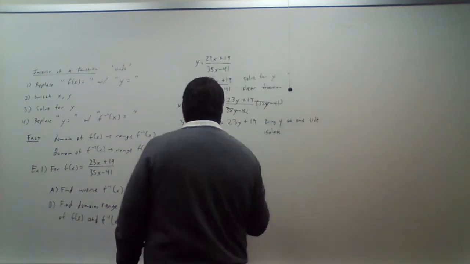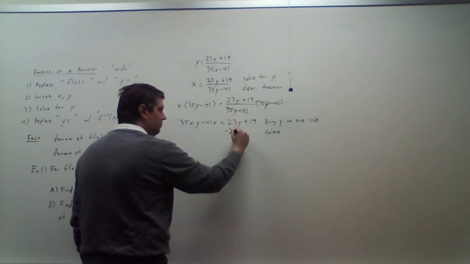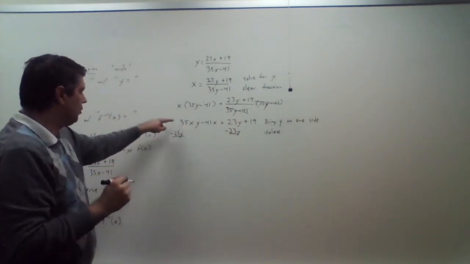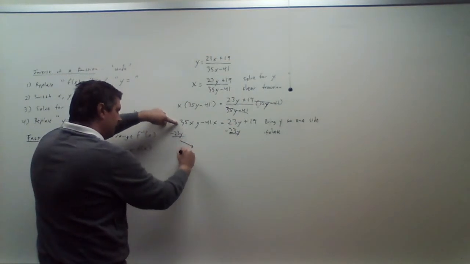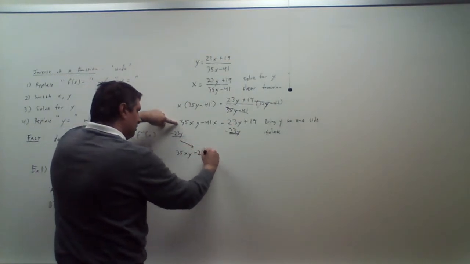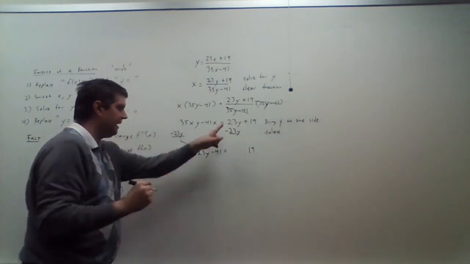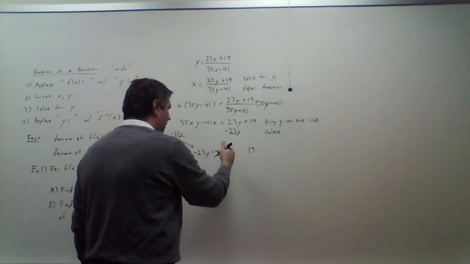So, I got y's on both sides. I'll subtract it from this one. This is equivalent to subtracting from 35xy. So that's how we'll treat it. Minus 41x. Leave the space here because you're going to need it. Okay? I forgot the 41x.